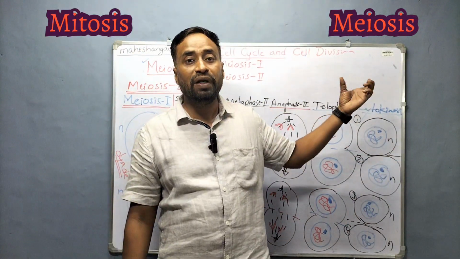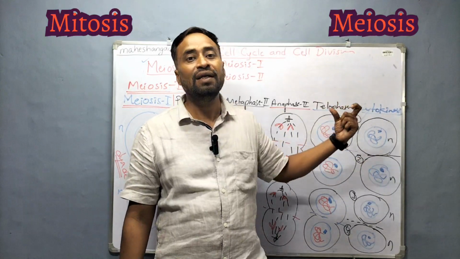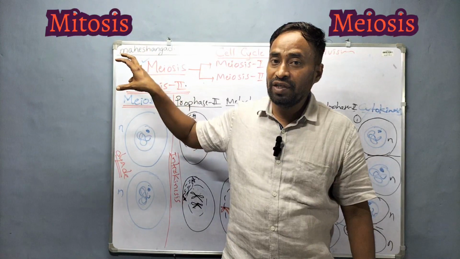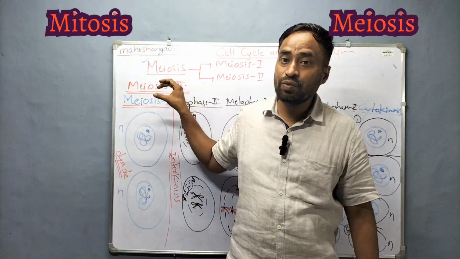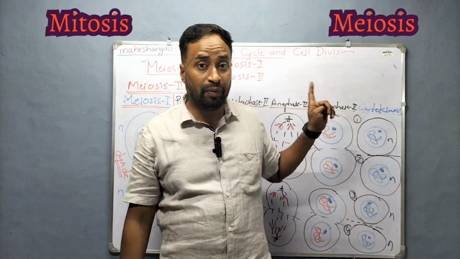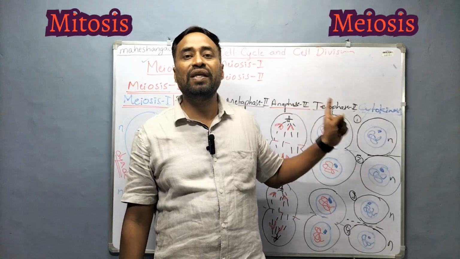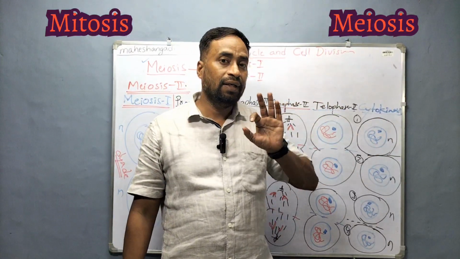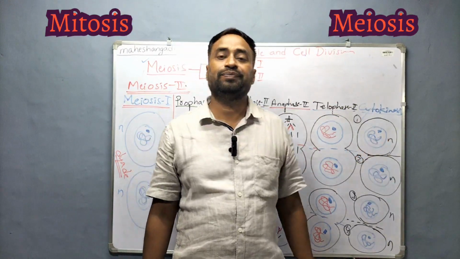Here the chromosome number reduces by half, that is why it's the reductional division. Mitosis can take place in both diploid and haploid cells. But remember, meiosis always takes place in diploid cells. It never takes place in haploid cells.